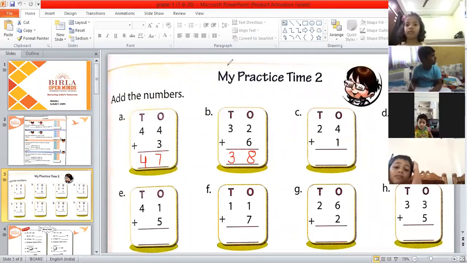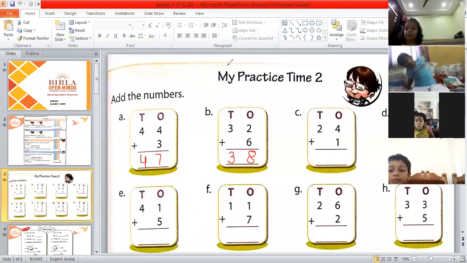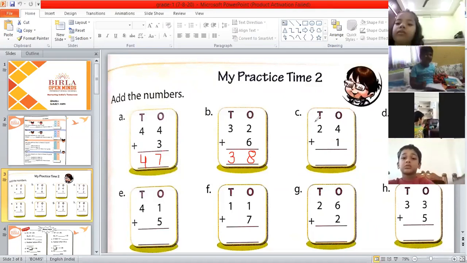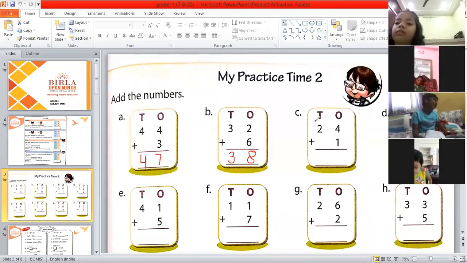Yes, Ansel Raj. Ma'am, which page? Page number 71. Page number 71. Okay. Sai Joshit, now you tell me the answer for the next bit.